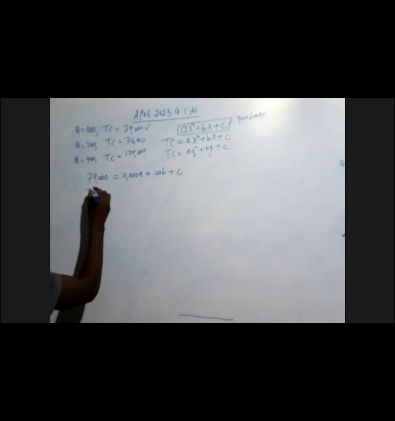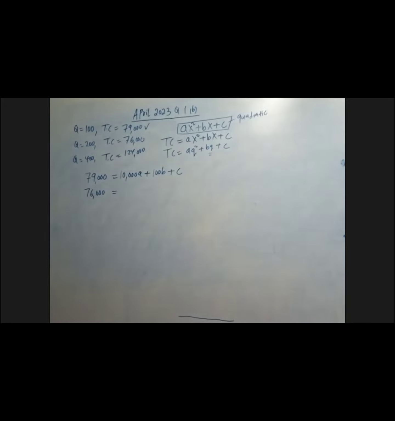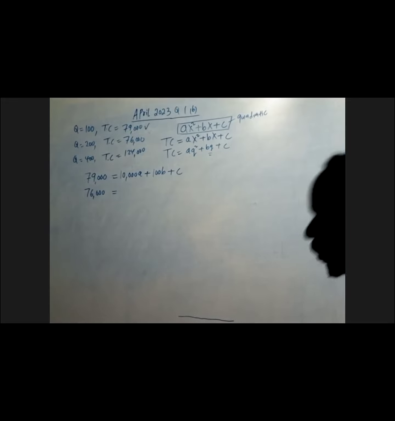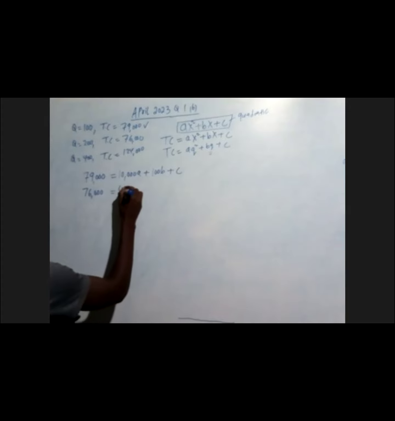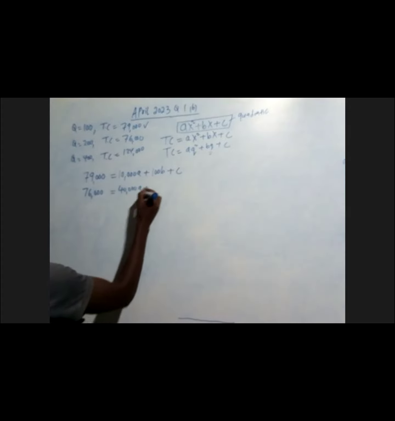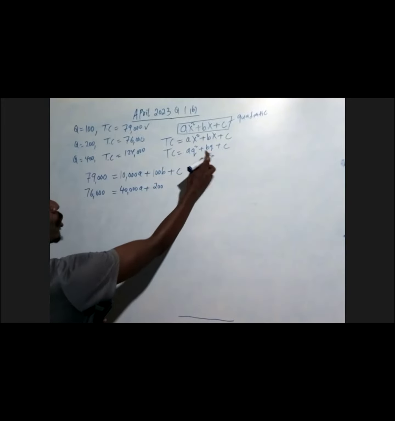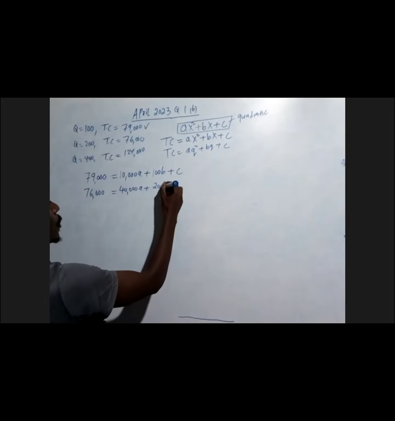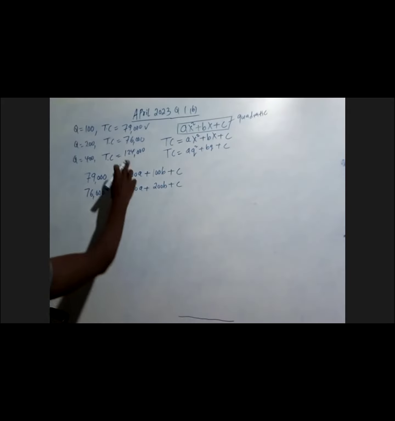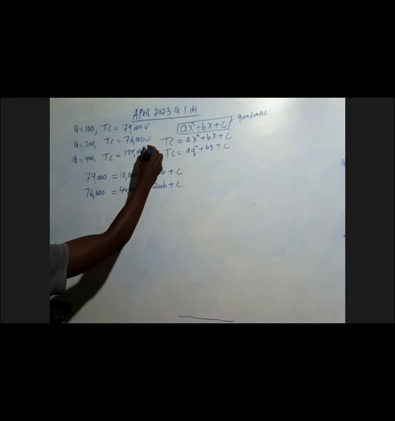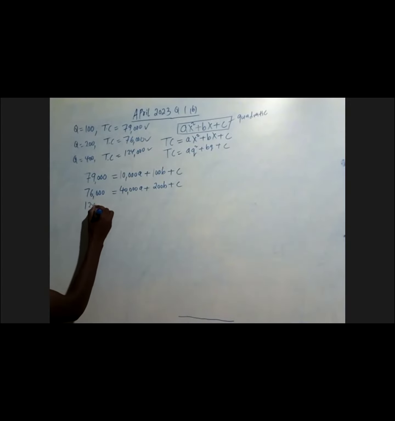So let's continue. When you have 76,000, now what is our Q? Our Q is 200, but remember our Q is squared. So 200 squared is 40,000. Then this one becomes the normal 200 because it is normal Q, then plus C. Then you have the last one, the one for 124,000.